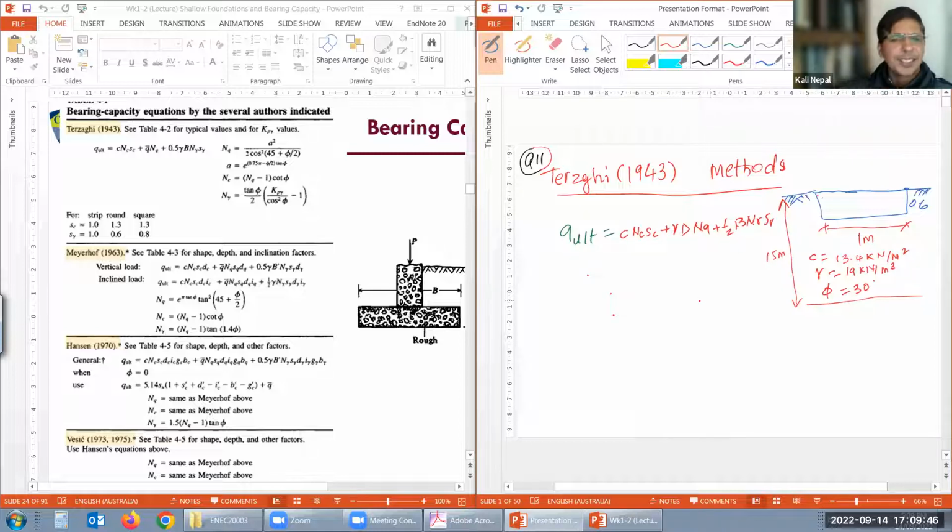We wrote the equation now. Let's do it. For phi equal to 30 degree, what are the Nc, Nq, and N gamma? We need to write those numbers.